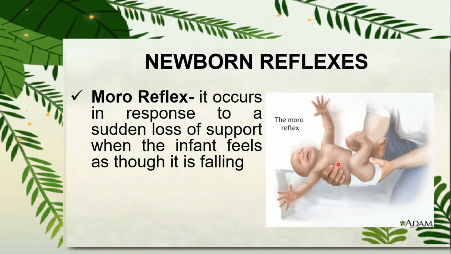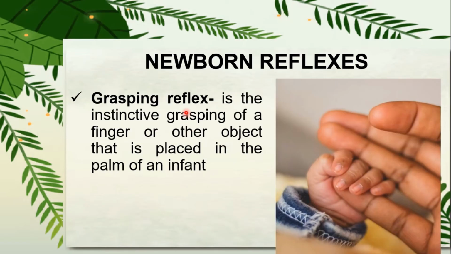So if the baby really were falling, these motions might help it reach out and grab its mother or another caregiver. Next is we have the grasping reflex. So this is the instinctive grasping of finger or other object that is placed in the palm of an infant.